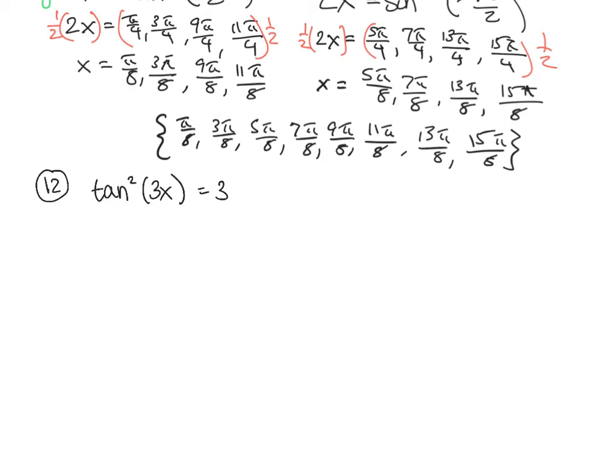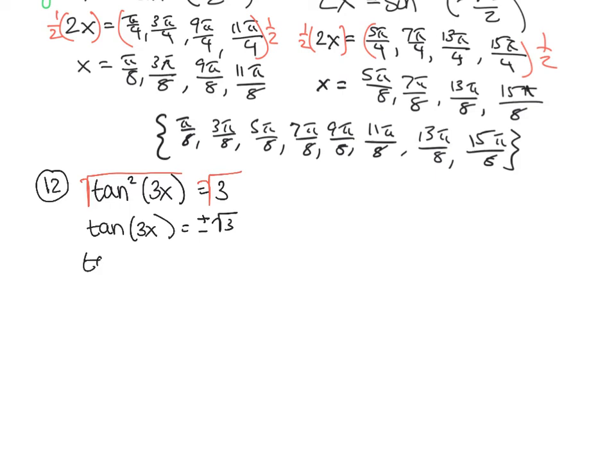So when I'm solving this one, first thing I got to do, take the square root, and we end up with tangent of 3x is equal to the positive and negative version of the square root of 3. So I can really write this as two separate problems.